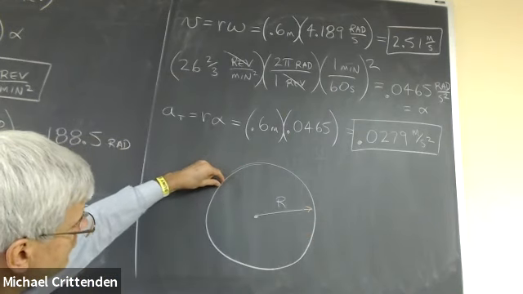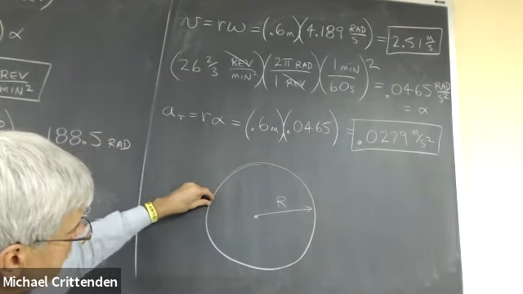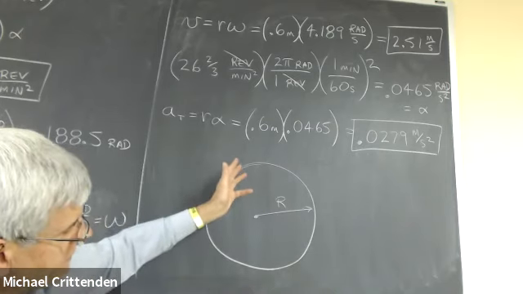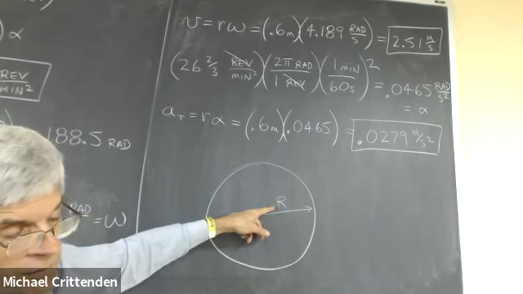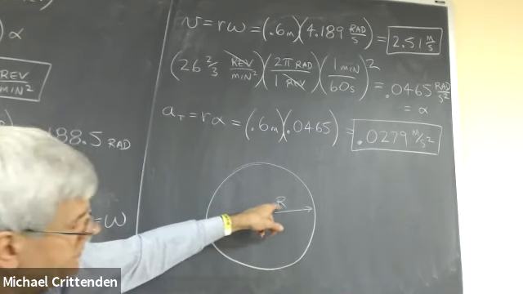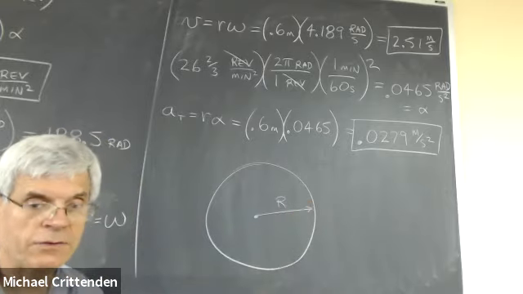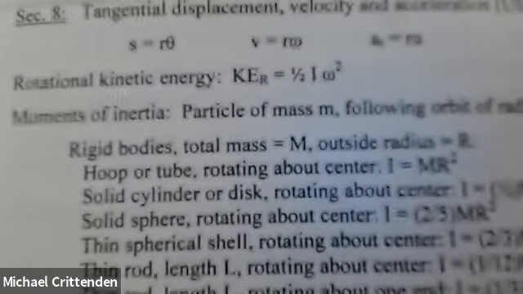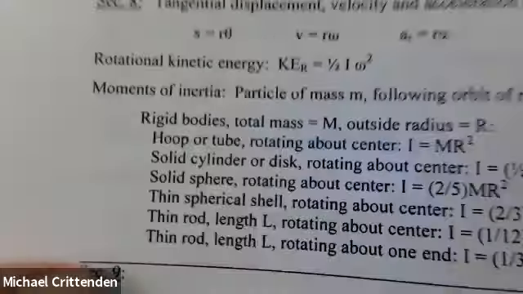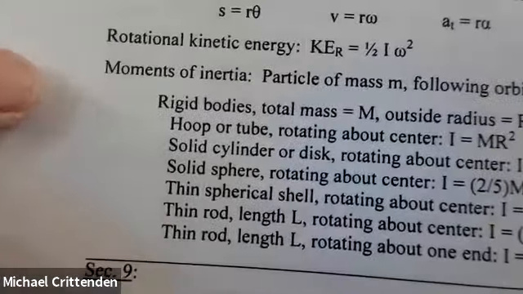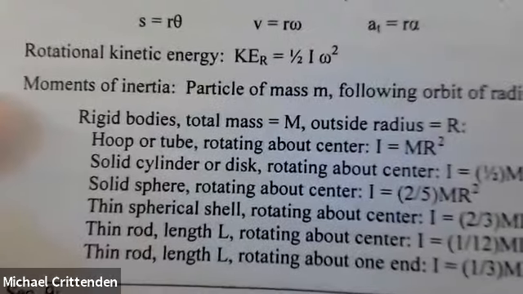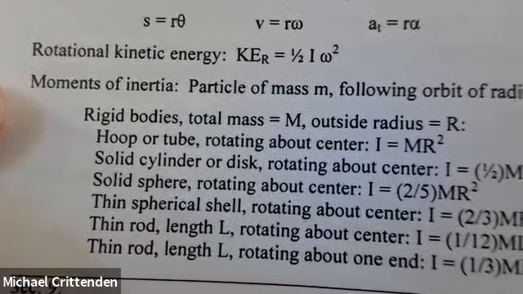So if you divide this up into lots of small parts and add to get the total inertia of the whole thing, well, R is equal to the radius to the outside edge for every one of them. And so you get, as it says in very fuzzy writing right up at the top of the list there, for a hoop or a tube, I equals mr squared.